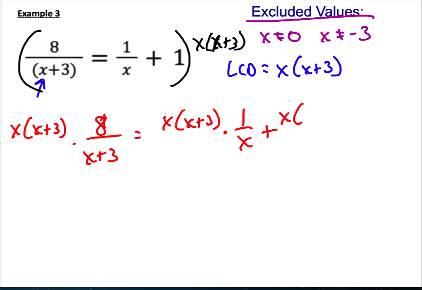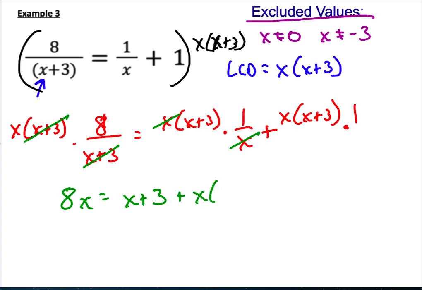And I have x times x plus 3 times 1. Well, now I can start to eliminate some things. I can divide an x plus 3 out of numerator and denominator, and I'm left with 8x. I can divide an x out of numerator and denominator, and I'm left with an x plus 3. For the last one, it's just multiplying times 1. So I have the whole x times x plus 3.